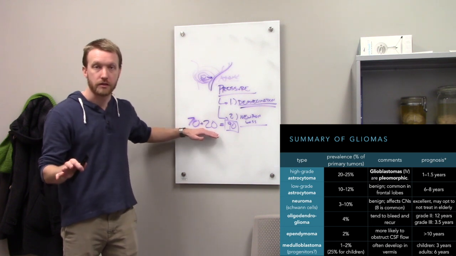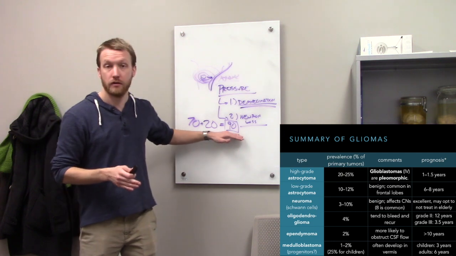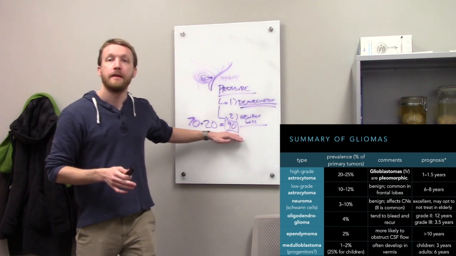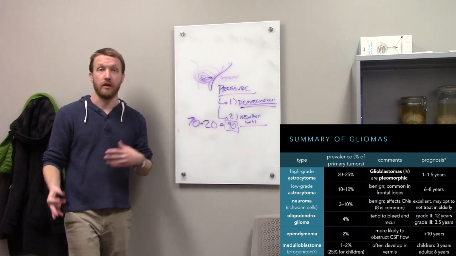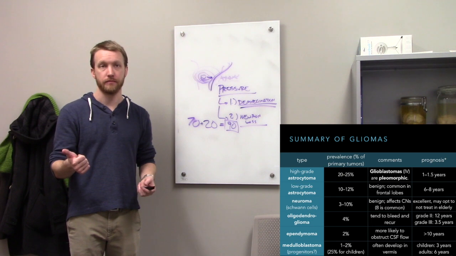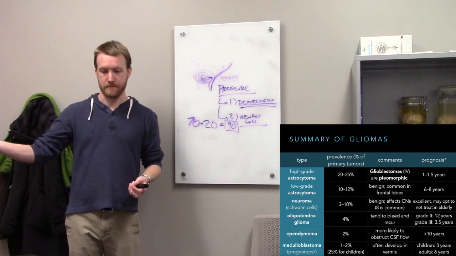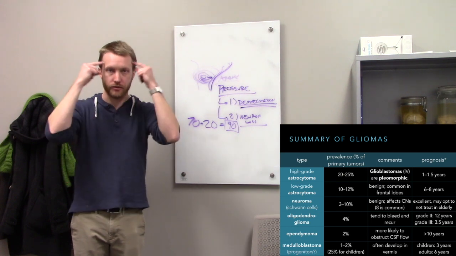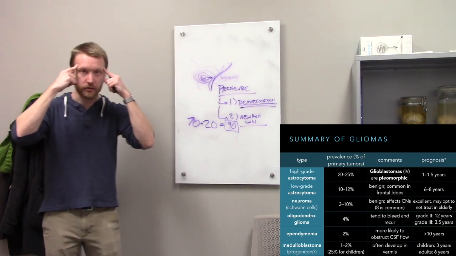You will have hearing loss. Right now. Not 20 years later. And so it's not uncommon to just wait and watch whenever you have neuromas. And that's because they grow very slowly, and they're going to be in a more ideal location, as opposed to astrocytes, which have to be in the cranium.